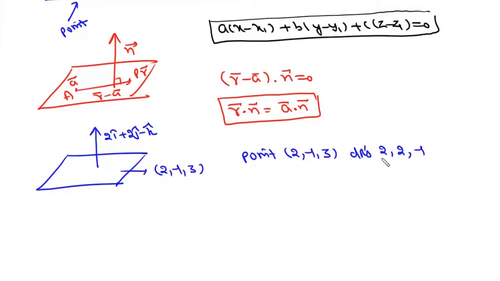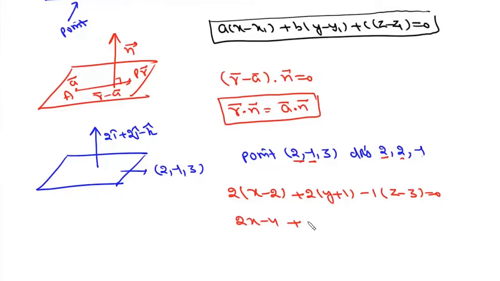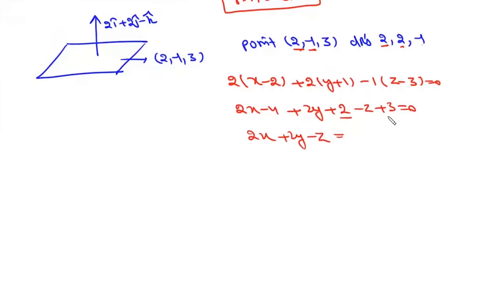Now equation is a into x minus x1, so it will be 2 into x minus 2 plus b into y minus y1 and plus c into z minus z1. Now this equation will be 2x minus 4 plus 2y plus 2 minus z plus 3 equals 0, or we can write this as 2x plus 2y minus z, and here it is 3 plus 2 is 5, 5 minus 4 is 1, so it will be equal to minus 1, and that is the equation of this plane.